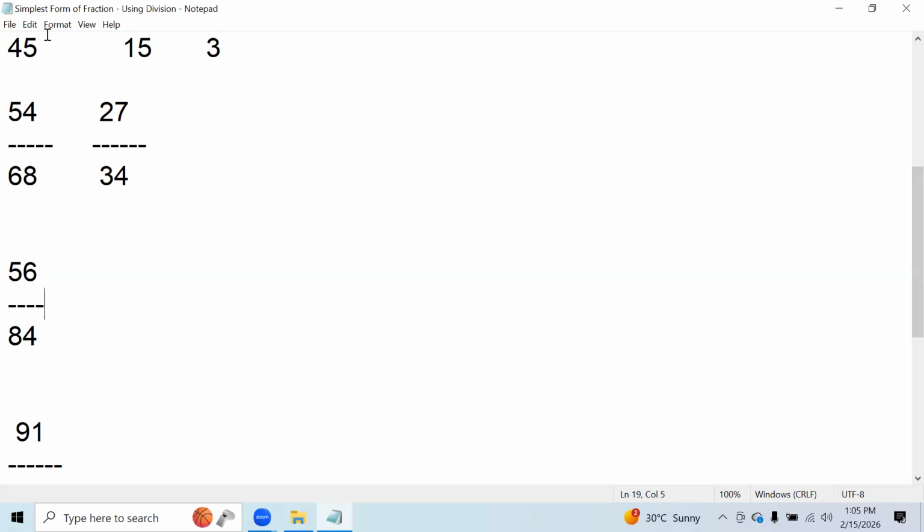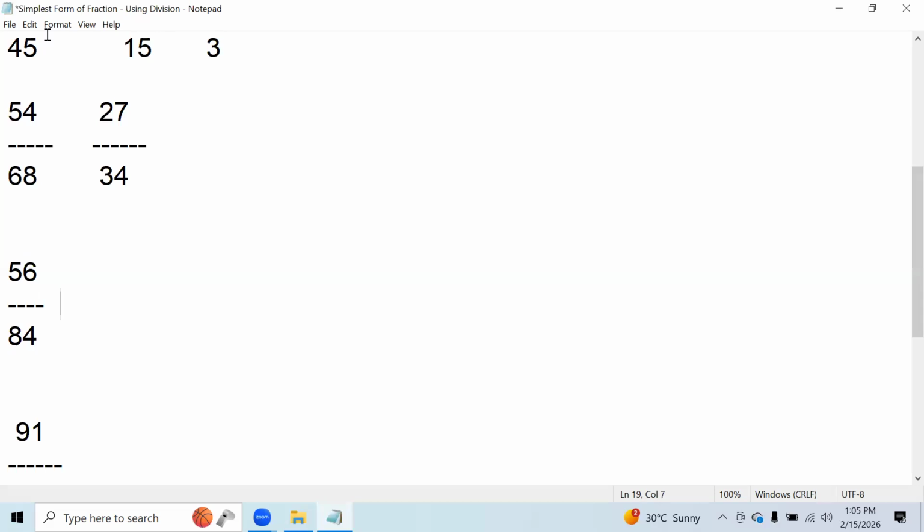Let's look at the next fraction, 56 upon 84. Here you can divide by 2: 2 into 28 becomes 56, 2 into 42 becomes 84. This is one way. But if you are good with tables, and you should be good with tables from 1 to 30, then by looking at a number you can guess in which table it comes.